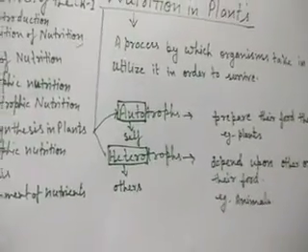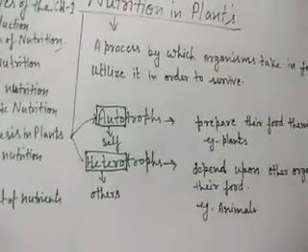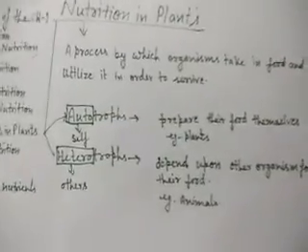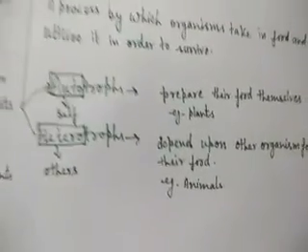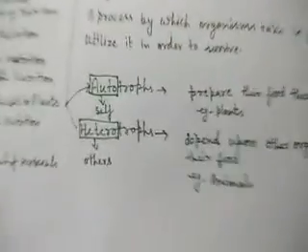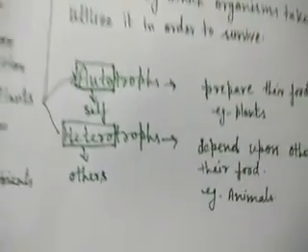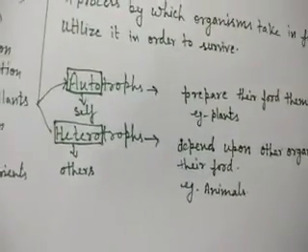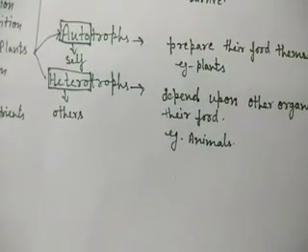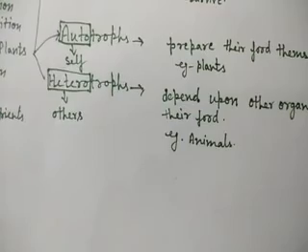Hetero means other and trophs means food. It means that when the organism gets their food from other organisms, it is called heterotrophic nutrition. The example of autotrophic nutrition is the green plants, and of heterotrophic nutrition is animals.